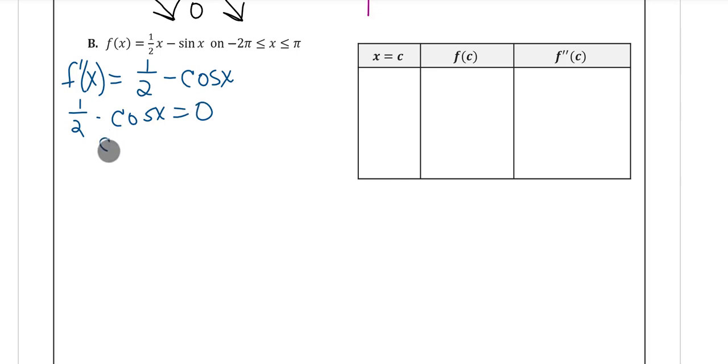And so we're looking for where cosine x equals 1/2, and that would be, remember we're doing negative 2 pi to pi, so there are 3 values: negative 5 pi over 3, negative pi over 3, and pi over 3.